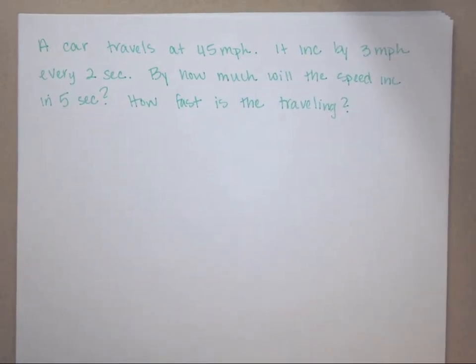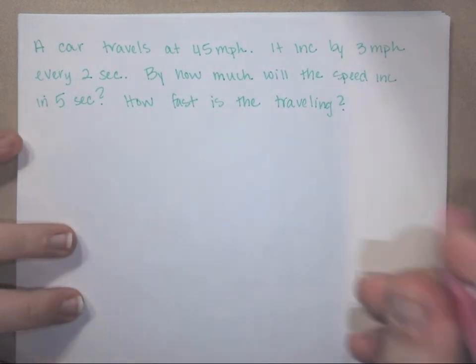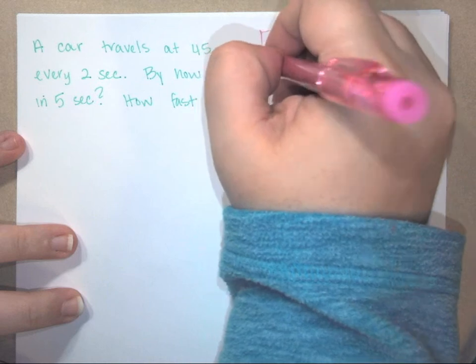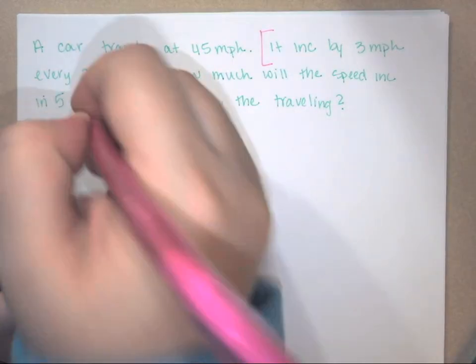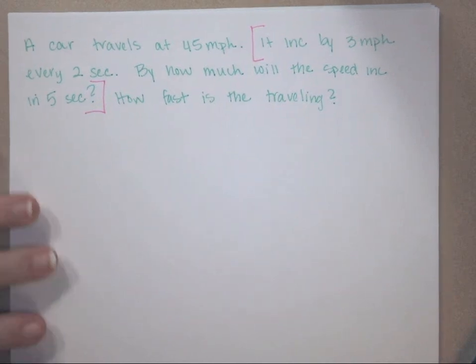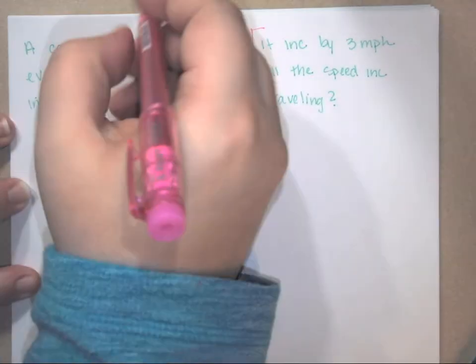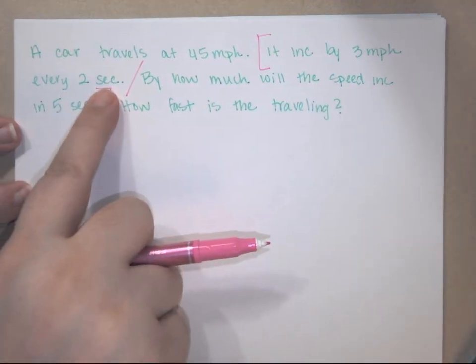So in this problem, we actually have a proportion embedded, and where it's embedded is right here when it starts with increases by 3 miles per hour and through to your question. So that is actually your proportion. If we break it apart in half, this first sentence is your first proportion.